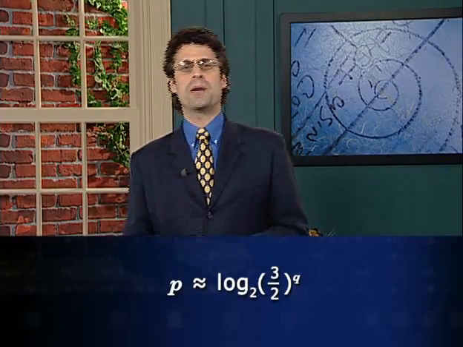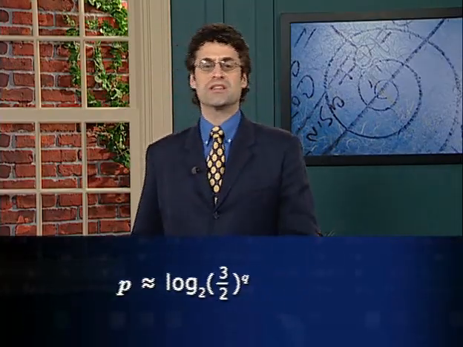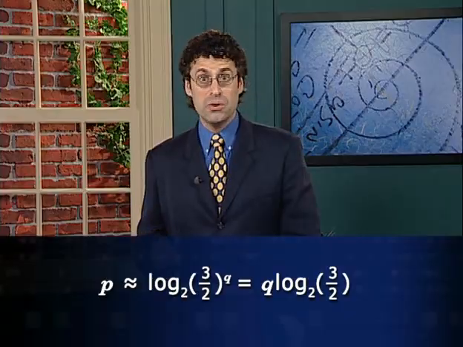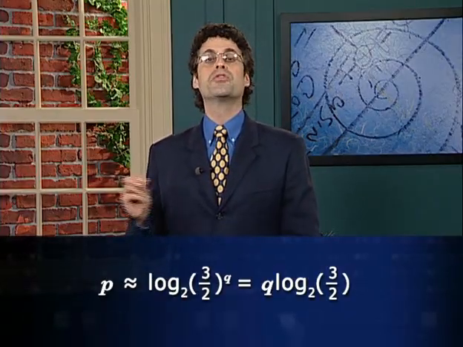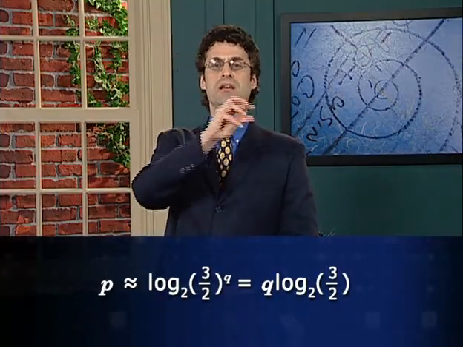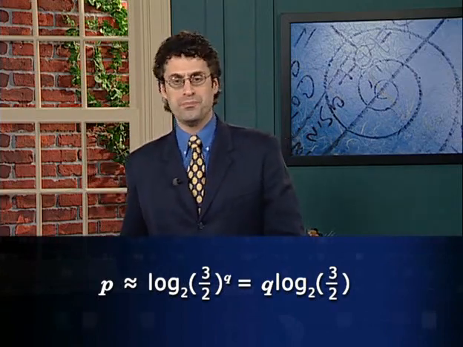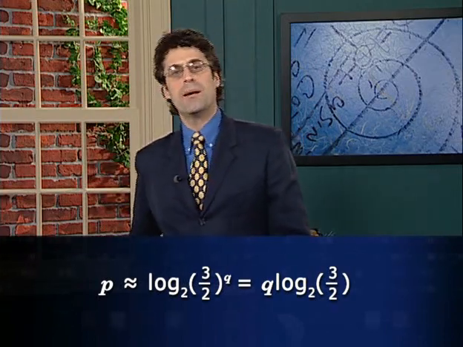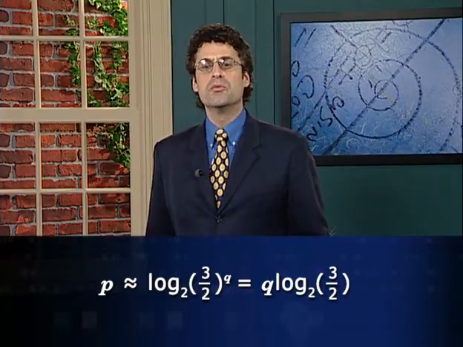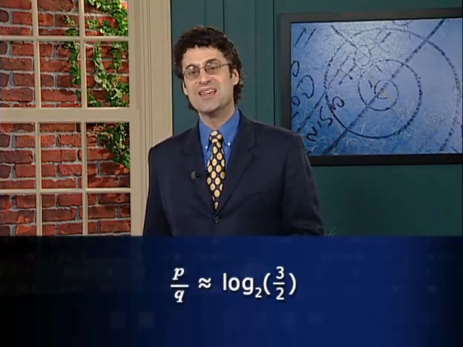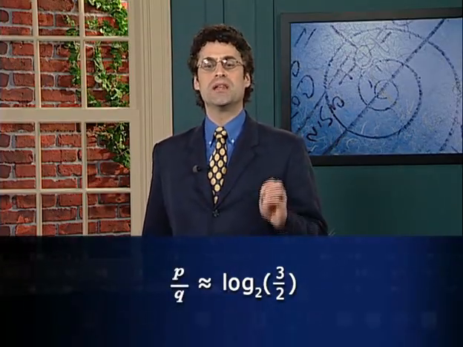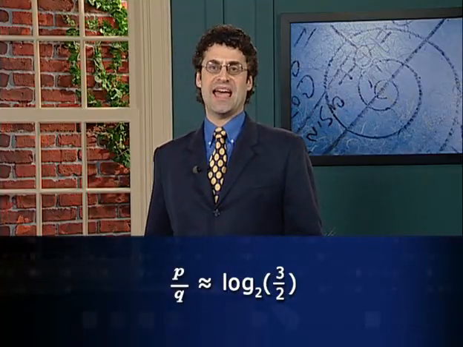And also, using properties of logs that we saw earlier, this actually equals q times log base 2 of 3/2. So that q exponent can be pulled out as a coefficient. Well, dividing now both sides of this approximation by q, we see that p over q is approximately equal to log base 2 of 3/2.